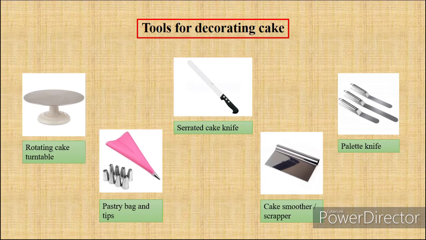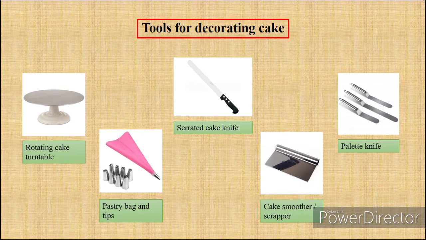The serrated cake knife is used for leveling and splitting layers. And the offset palette knife is used for applying frosting without dragging your fingers through it. It can make sure that your table stays clean.